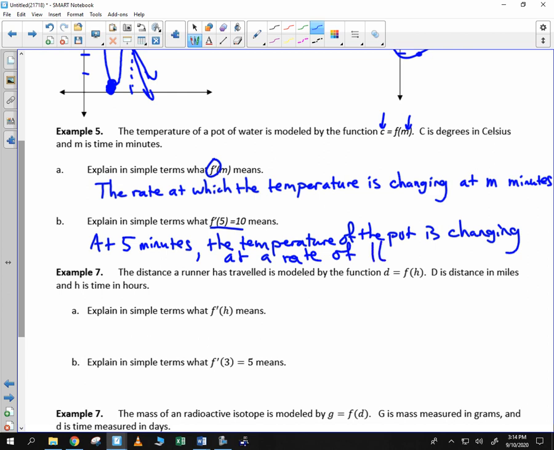The rate is 10. 10 what? You have to put a label. 10 degrees per minute.